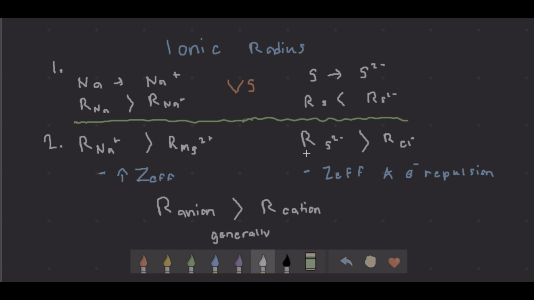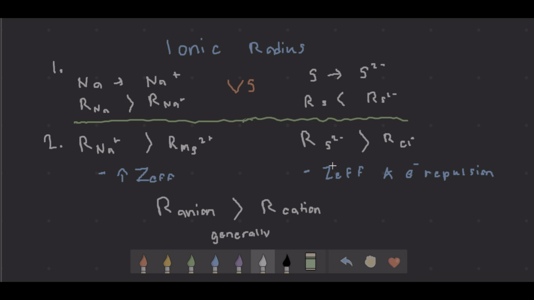But when we go to anions, what's basically happening is, we're comparing sulfur and chlorine right now, and chlorine has more protons than sulfur, meaning that it has a higher effective nuclear charge.